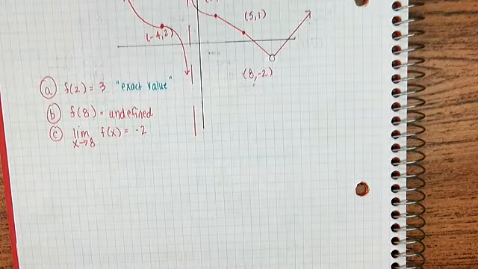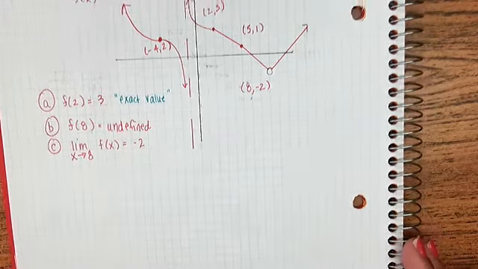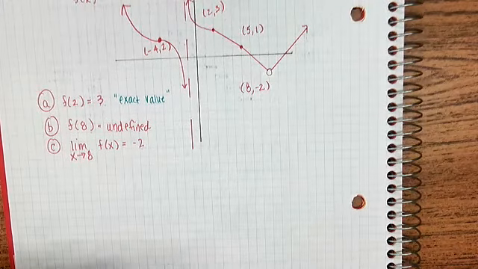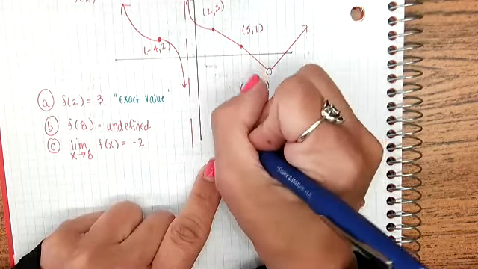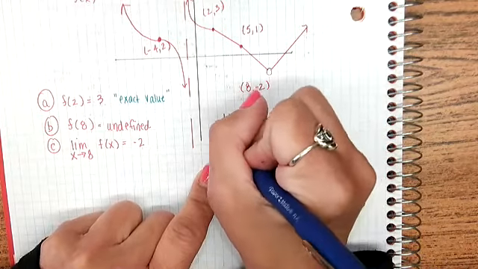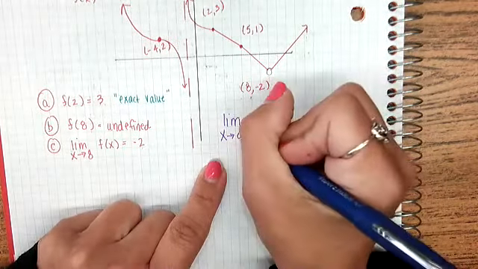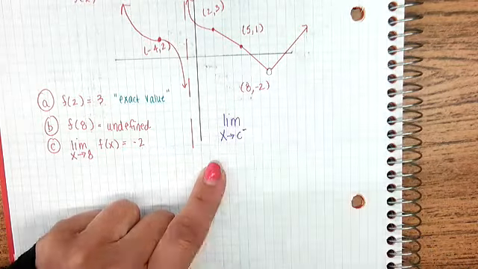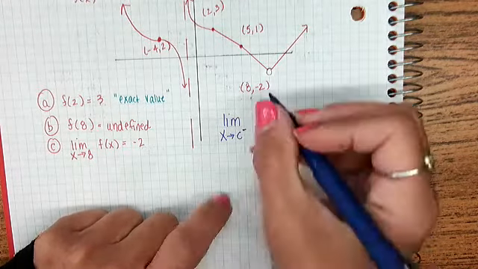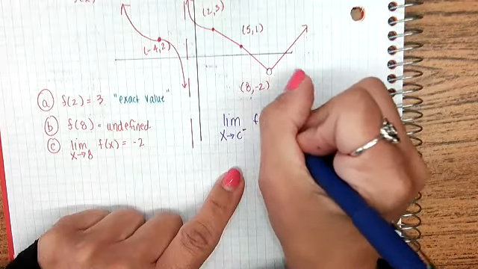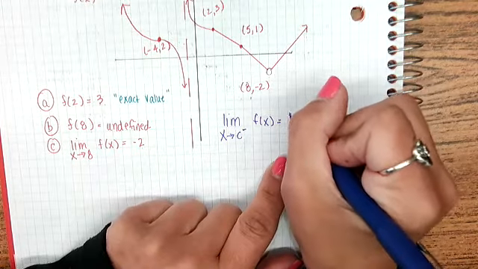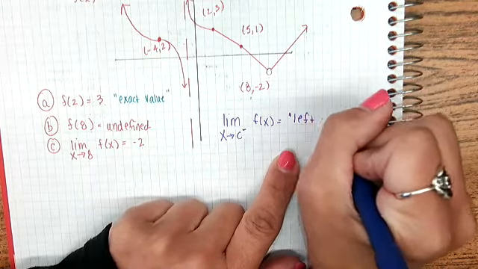Those of you who have not the best handwriting, you're going to need to learn how to find better handwriting. The limit as x approaches c, with a superscript of a negative sign, is referred to as the left hand limit.